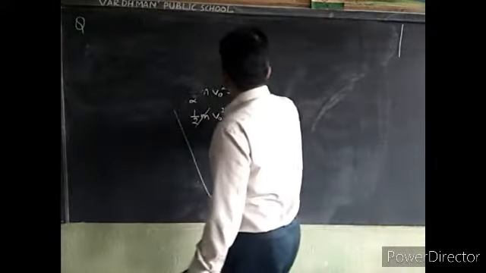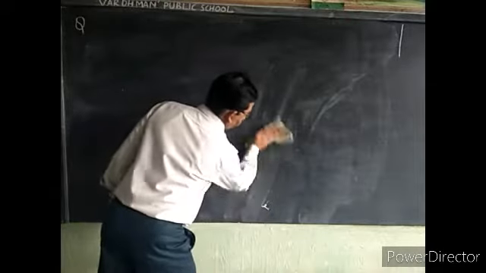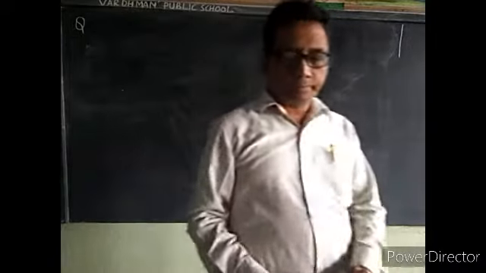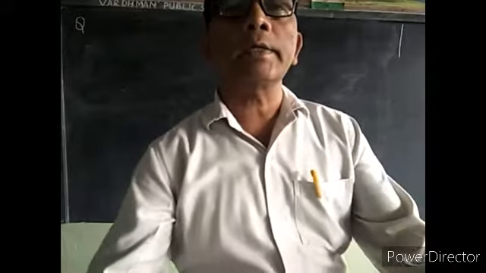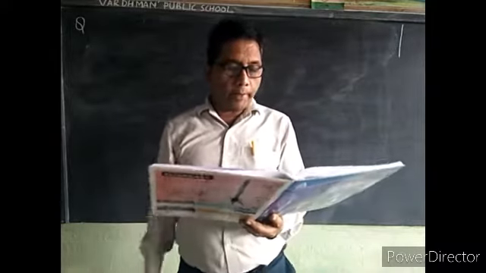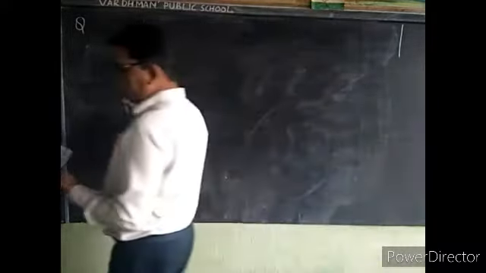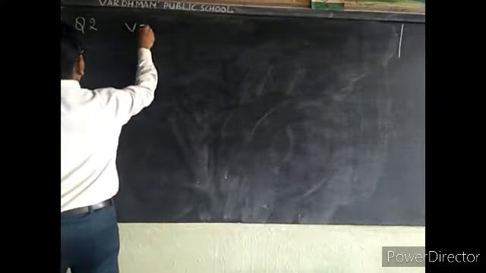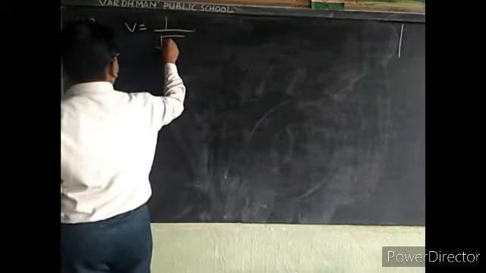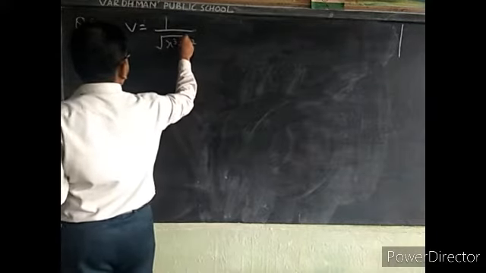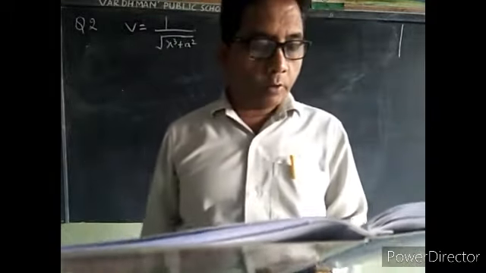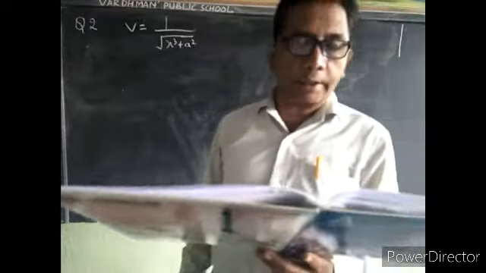Our next numerical is: gravitational potential due to a point mass is given by V equal to 1 upon under root of x cube plus a square, where a is a constant.